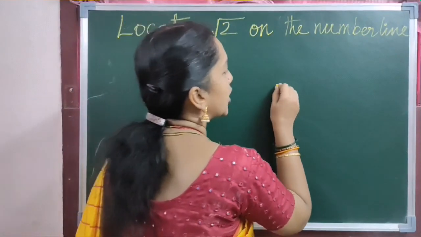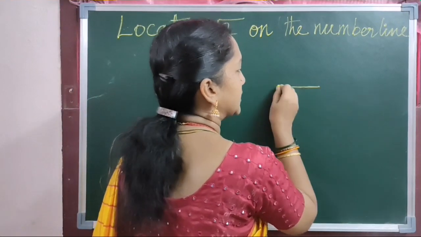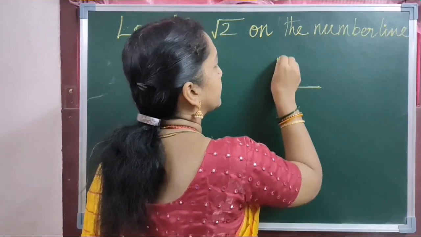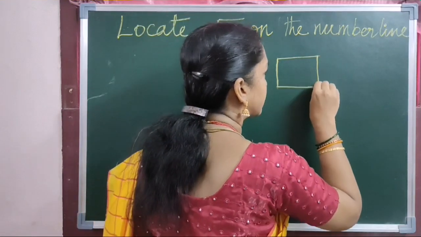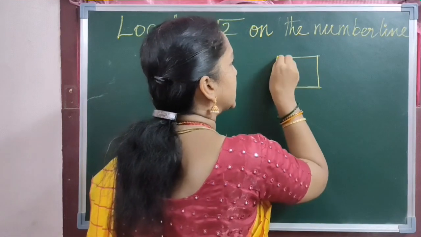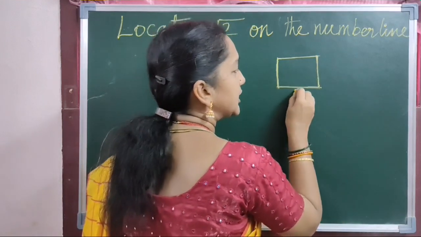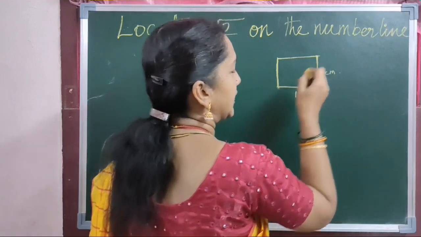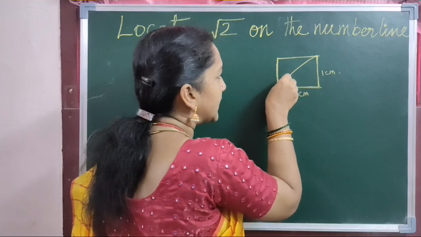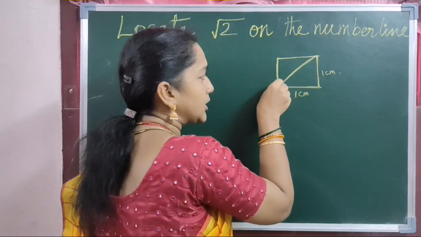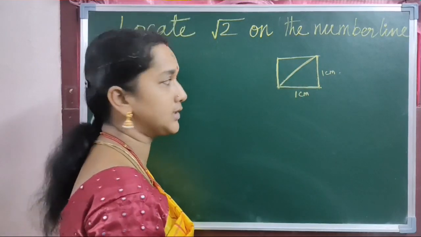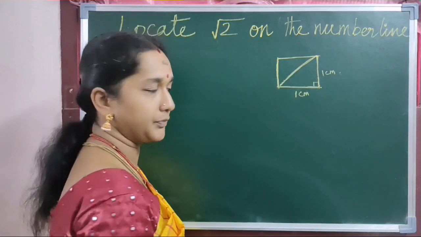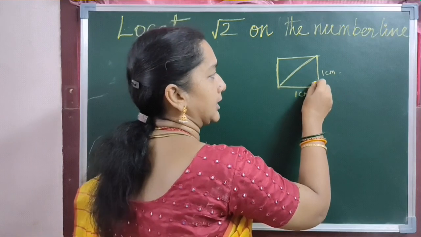Take a small square of 1 centimeter side. This one is 1 centimeter and this one is 1 centimeter. When you draw a diagonal for this square, you will get a right angle triangle.